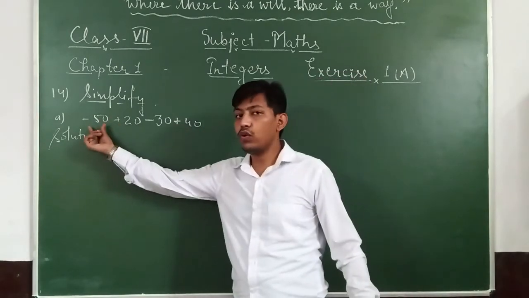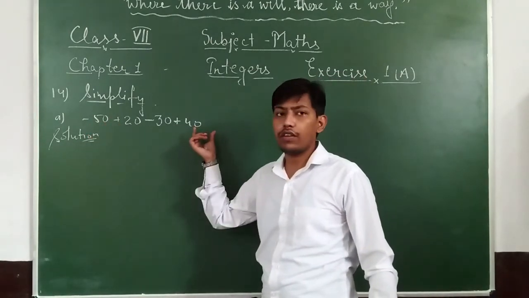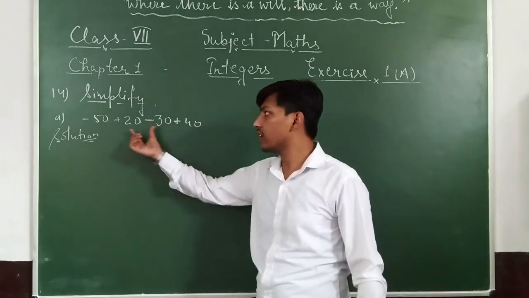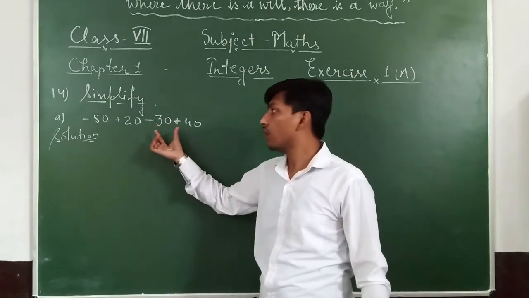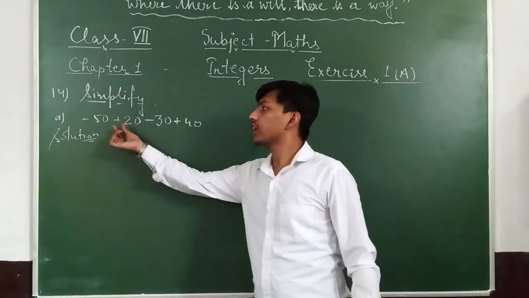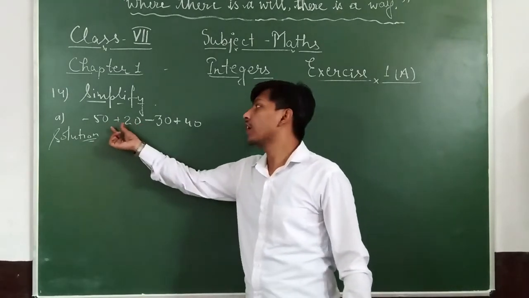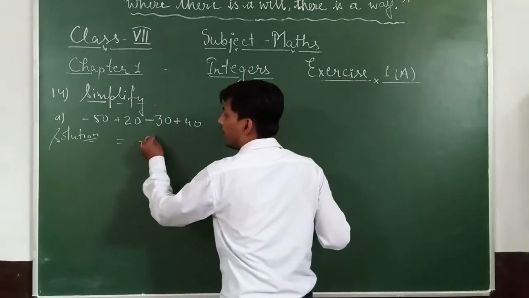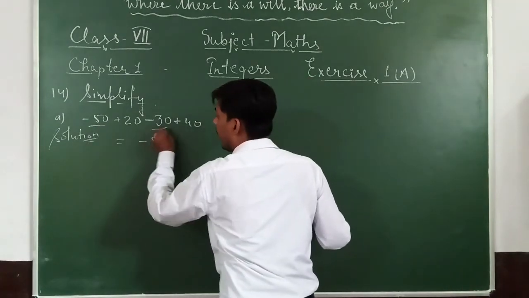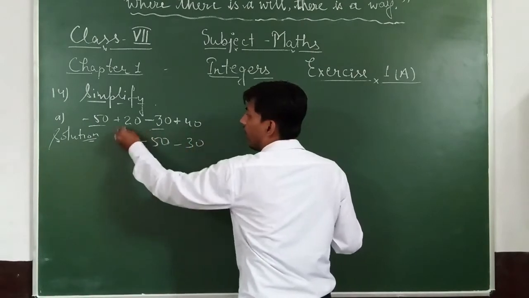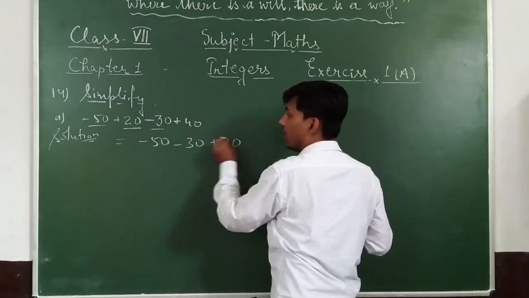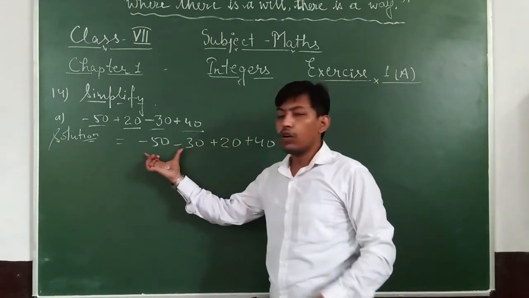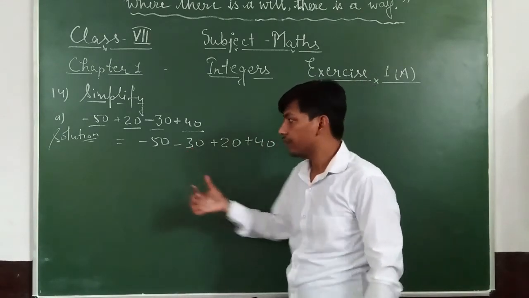Here we have two negative integers and two positive integers. That means two integers with a negative sign and two integers with a positive sign. So arrange them. First write down the negative integers, or integers with sign minus. So write minus 50 and then minus 30. After that plus 20 plus 40. Both negative integers, add them.